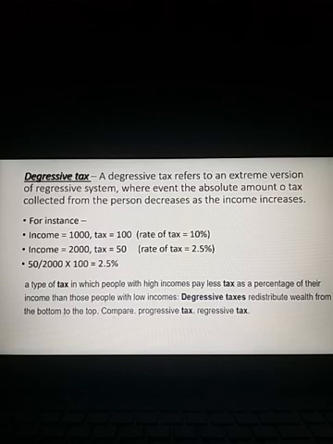If you compare progressive, regressive, and degressive, you can come to know one major point of difference. Anyway, practice the meanings of all four and one numerical, so that if it is asked as a 2 mark question, you will be easily able to answer it.